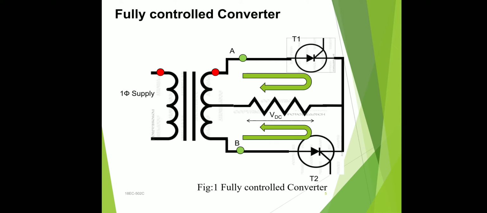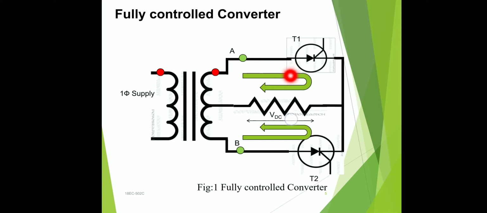There is a forward blocking state; though it is in the forward mode, there is some forward blocking state. In this state, only a small leakage current flows. The current is very small. Thus, whenever the anode voltage reaches the breakover voltage, then only the device triggers. So it needs some time.